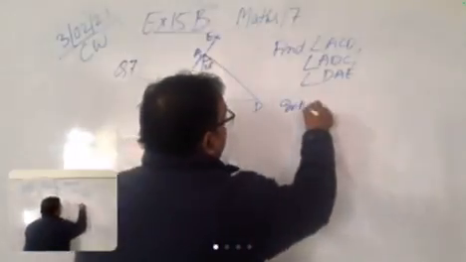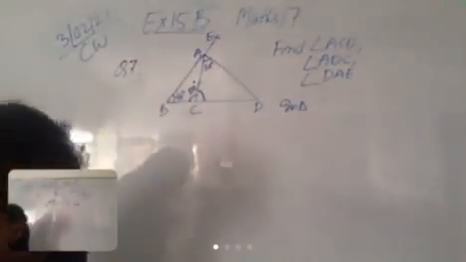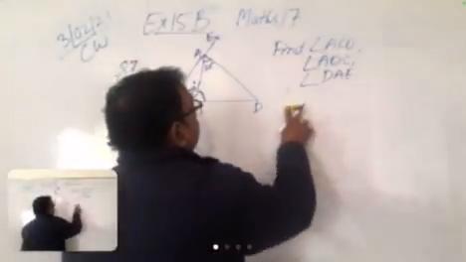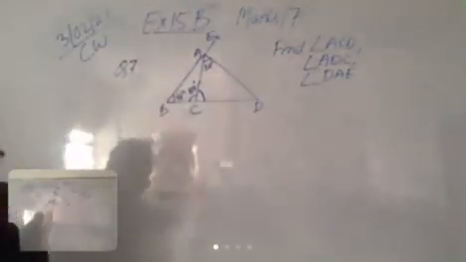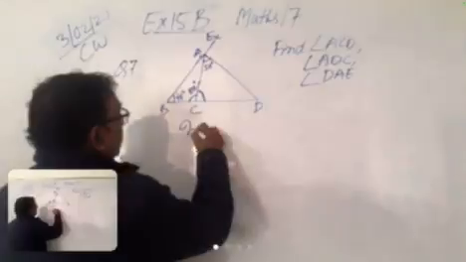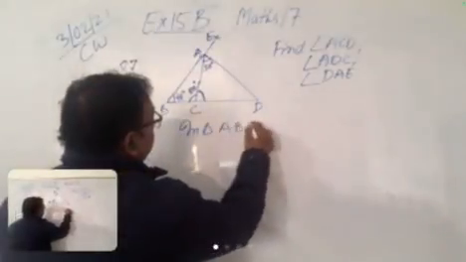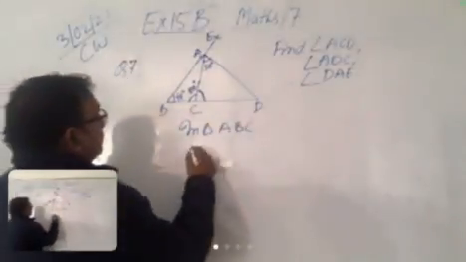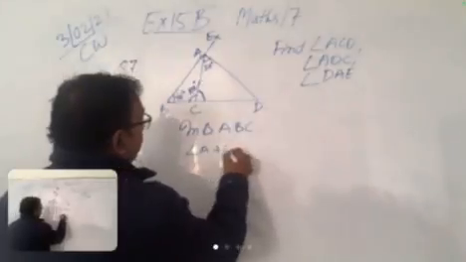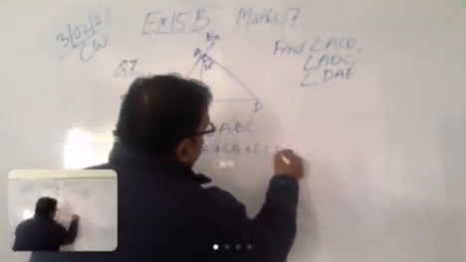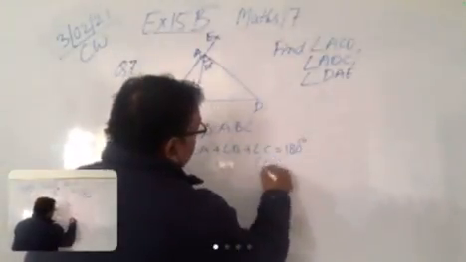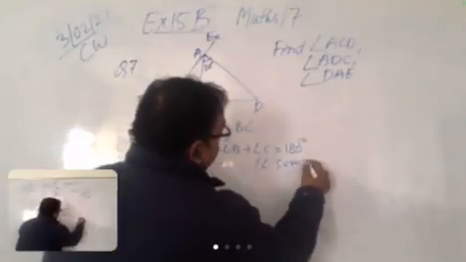So in triangle ABC, angle A plus angle B plus angle C is equal to 180 degree, angle sum property.